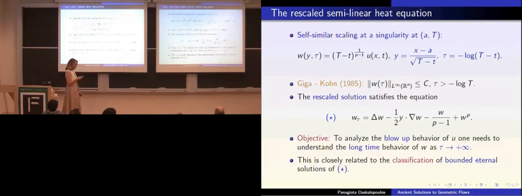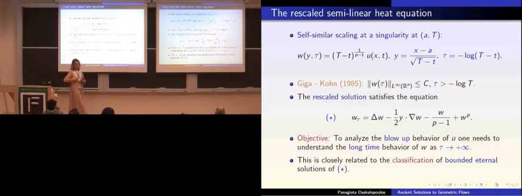So when you do a type 1 rescaling at a singularity, then you end up with an eternal solution of the rescaled equation, which is the equation star. And because of a known result of Giga and Kohn, you know that this solution W that you obtain in this particular case is uniformly bounded.